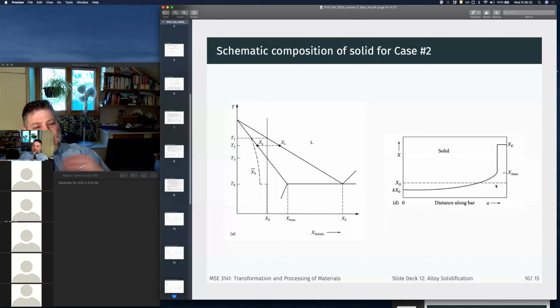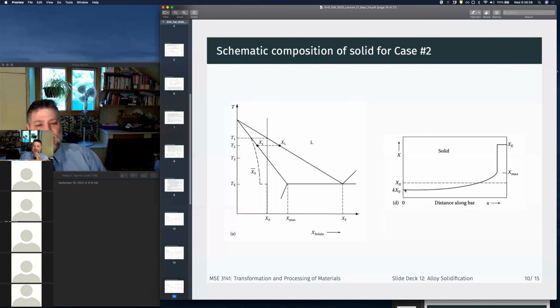So that means to keep freezing, the composition of my solid also has to go above my alloy composition. And that keeps going until I reach the eutectic composition. And the last bit of liquid freezes out at my eutectic into alpha and beta, right?